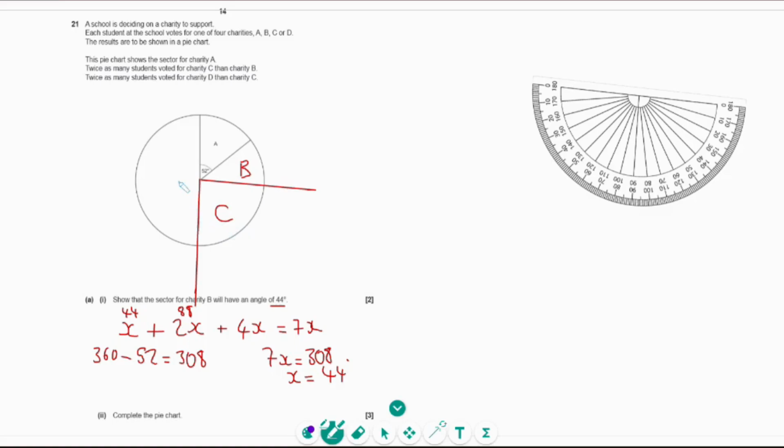This is charity D, which is 176, which looks about right. It's a bit smaller than a straight line.